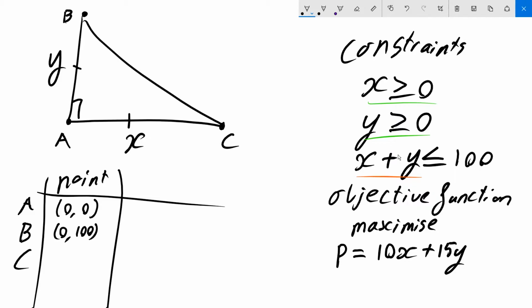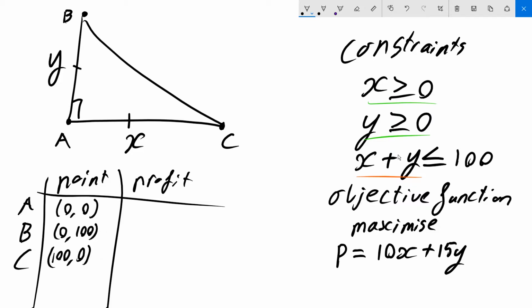And then point C was the x-intercept, which was 100, 0. So in this column here, we're going to have profit. All we have to do here is sub in the x, y points into our objective function to work out how much profit we would get at these points if our line went through them.